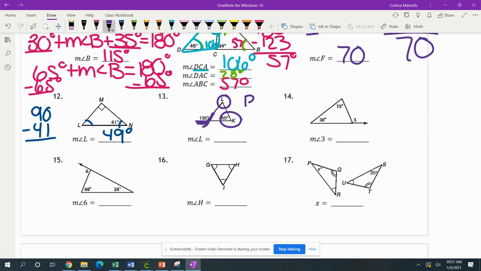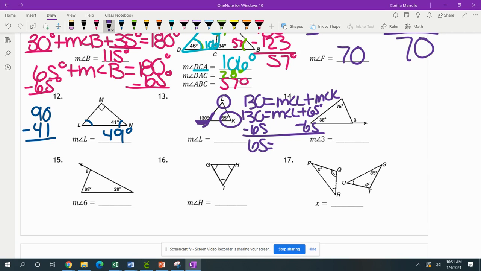So we're going to do 130 is equal to whatever the measure of angle L is plus the measure of angle K. Now 130 is equal to, we don't know what the measure of angle L is, but we know that the measure of angle K is 65. So when we subtract the 65, 130 minus 65 is going to give us 65. So this would be 65.